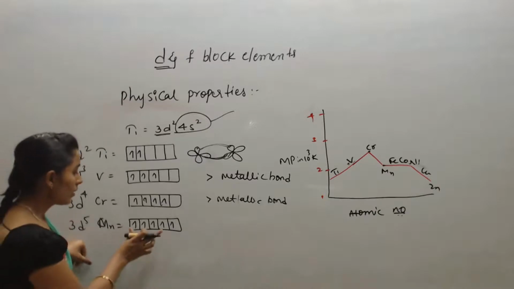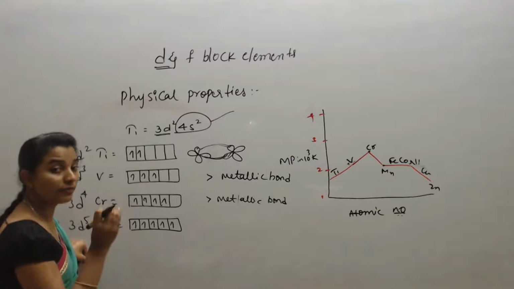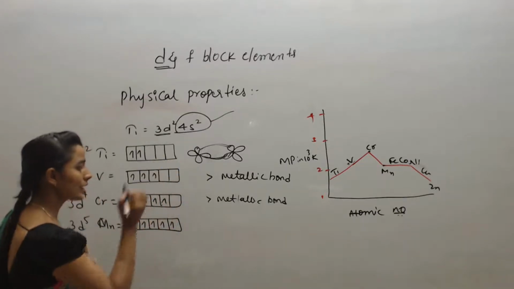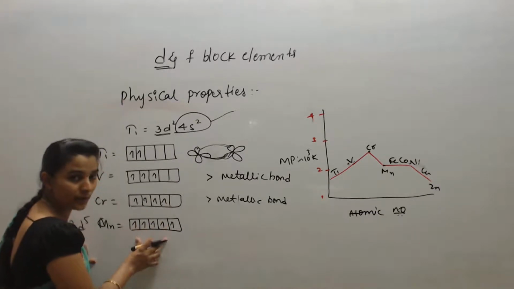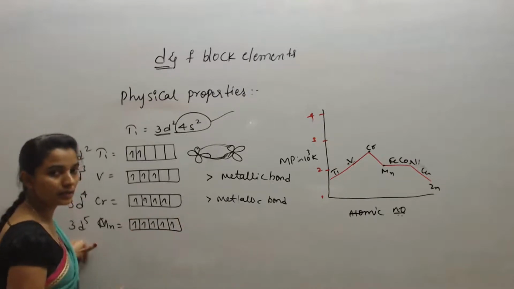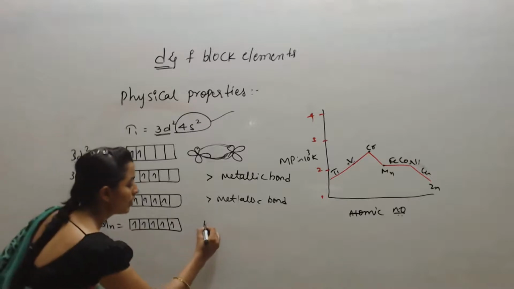So it has a half-filled configuration in all the orbitals. Half-filled configuration is quite stable compared to an incompletely filled configuration. So it is highly stable, meaning it never easily makes a bond with any other atom. That's why the metallic bond in manganese is weak.